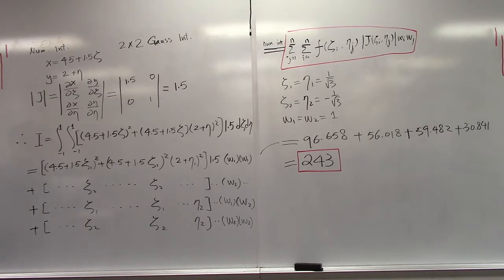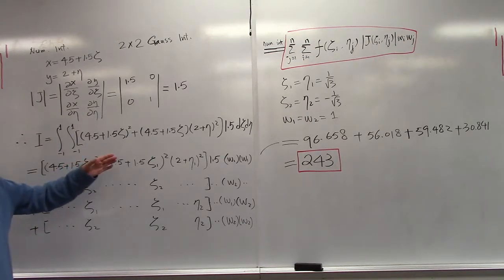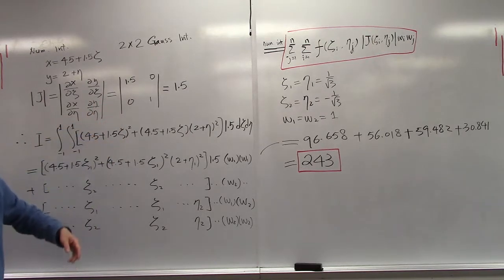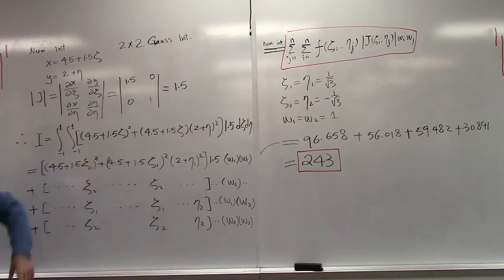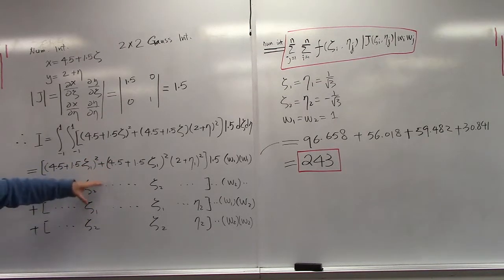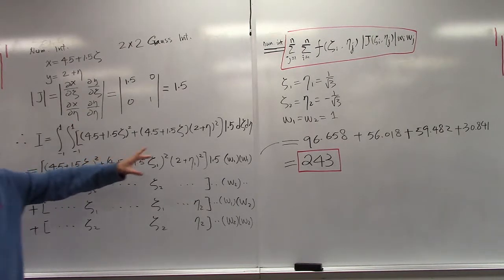Well, for this simple example, if we compare the numerical with the closed form, the closed form is simpler because we integrate that. It's shorter, and this is longer when we write it. However, in terms of programming, this is easier to program because it doesn't matter what the functional form is.